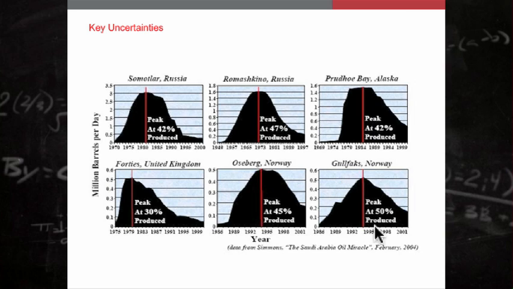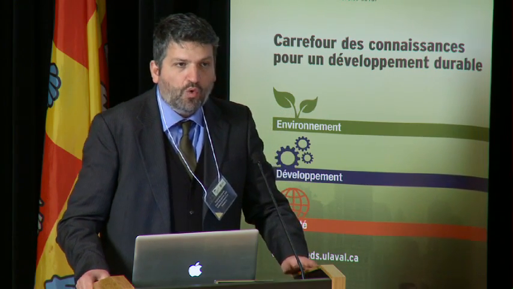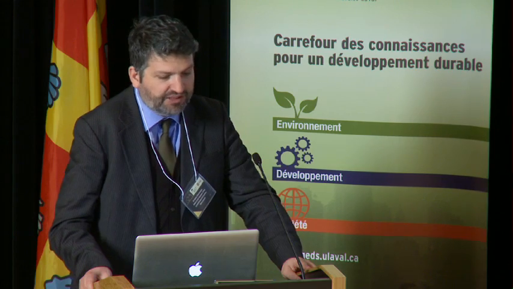Obviously, we experienced something different in Norway and substantially different in the United Kingdom, where it happens at 30%. So the key uncertainty is when we move away from economics and technology into physics. Because there is a stage where the more oil you extract, the pressure drops, therefore the physics dominates. And we see that different fields experience different behaviors.